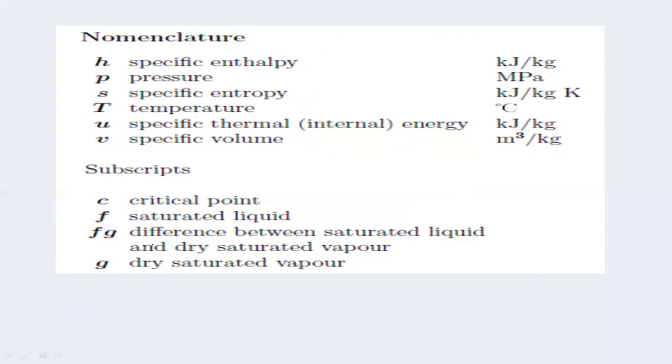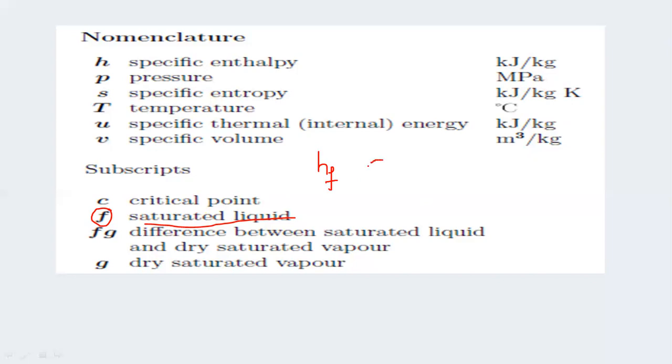The fluid phase, that is the saturated liquid, is represented by a subscript F. So if steam is in the fluid phase, its properties, the specific enthalpy, we write as h suffix f.